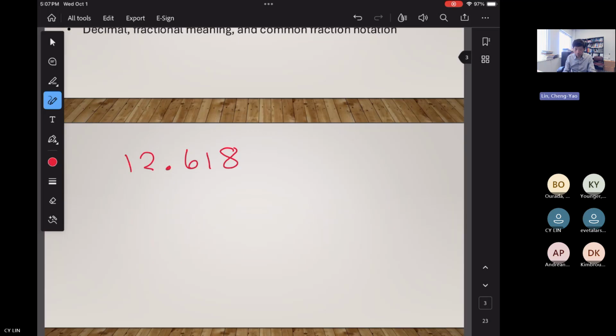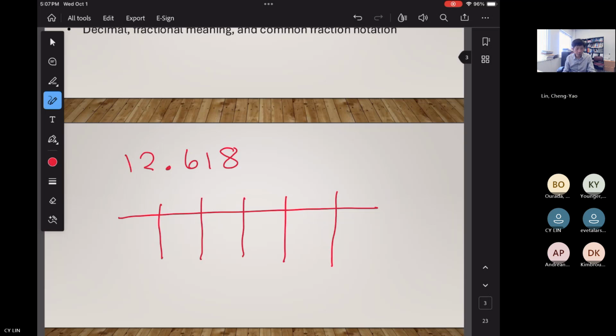So I'm gonna do a table like this. So I have a tens and ones and decimal point and tenth and hundreds and thousands.